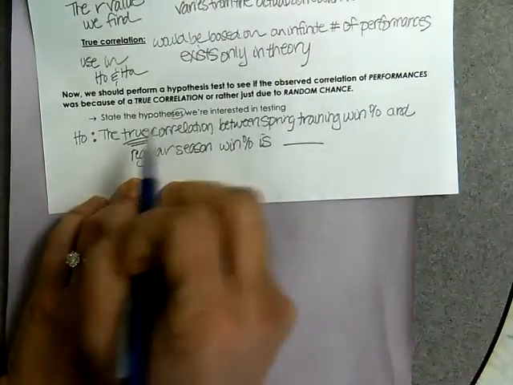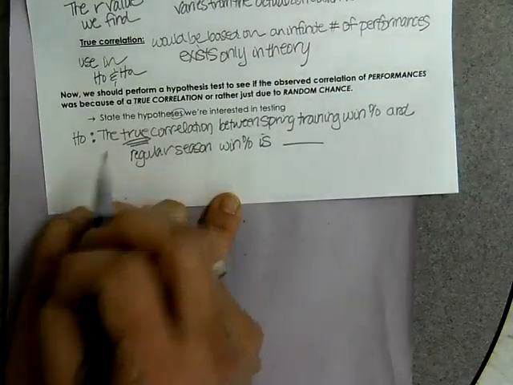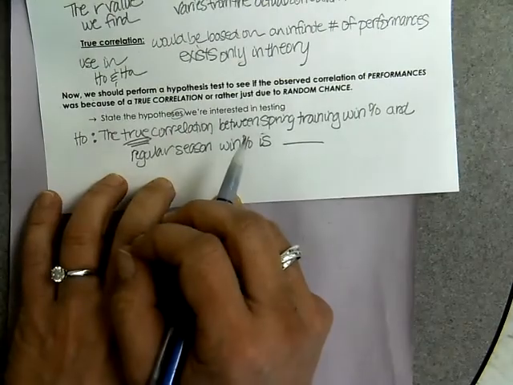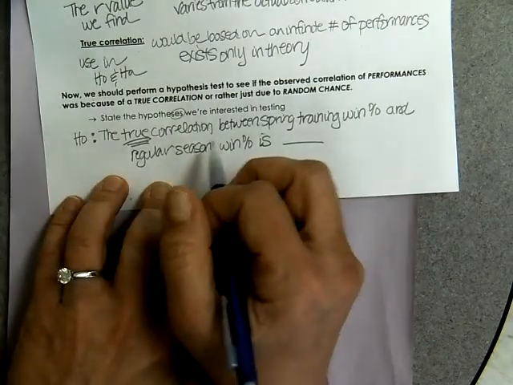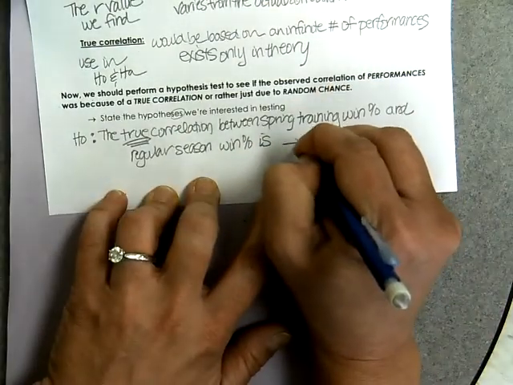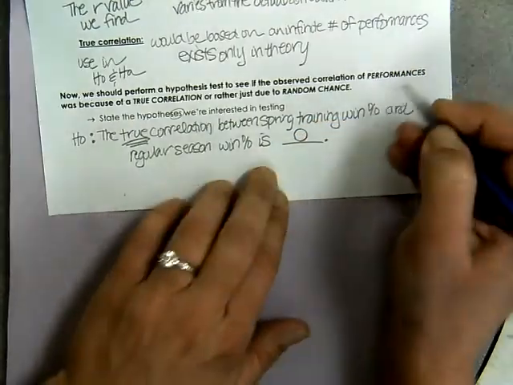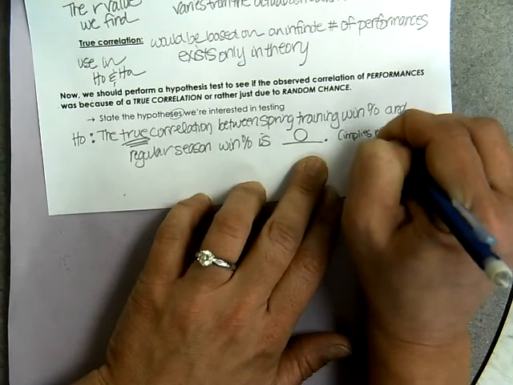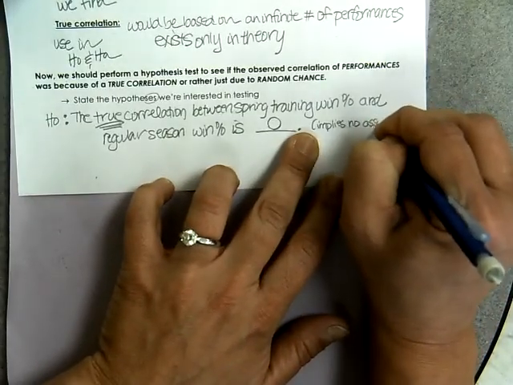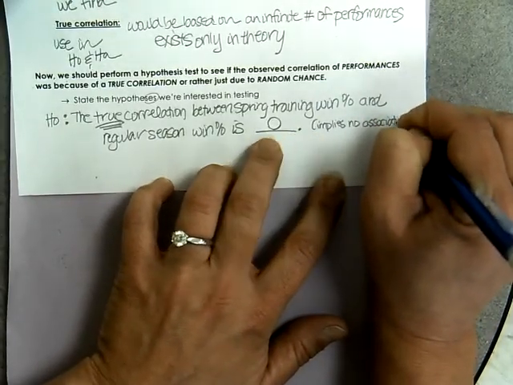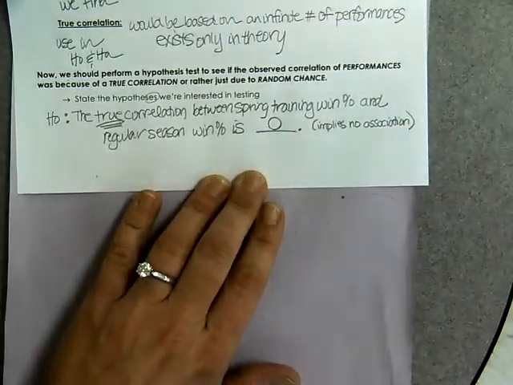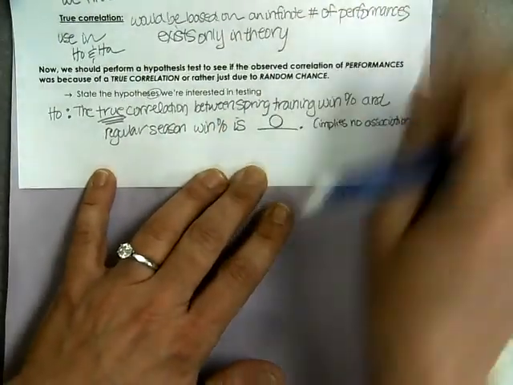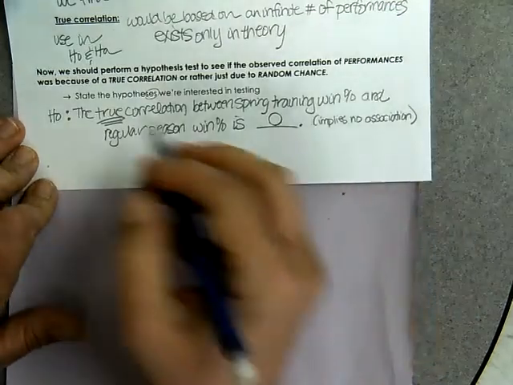Well, remember, our null hypothesis assumes no bias, that nothing special is occurring. So if nothing special is occurring, that's assuming that the true correlation is 0, okay? Again, what this does is this implies that there's no association. And that's always what we want to assume. We want to go into this without any bias whatsoever. So we assume that our correlation is 0.